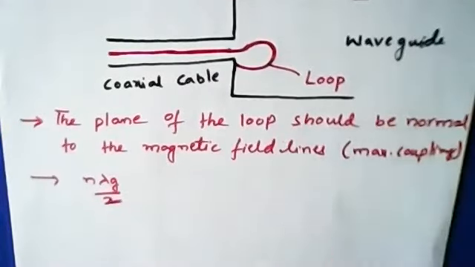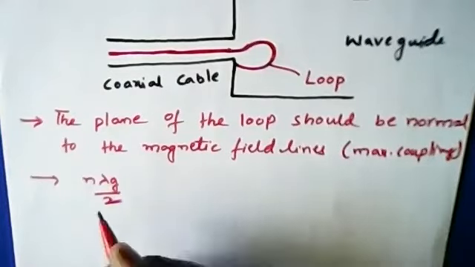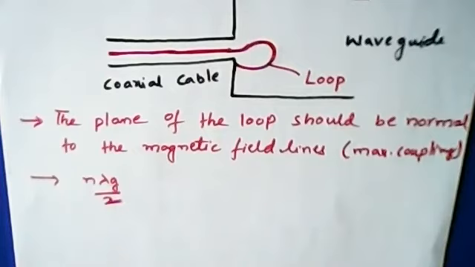So these are the two microwave components we have discussed today, and it has been easy to analyze them. There is a lot of difference between the probe and the loop. The probe has some disadvantages, and simultaneously the loop has some disadvantages.